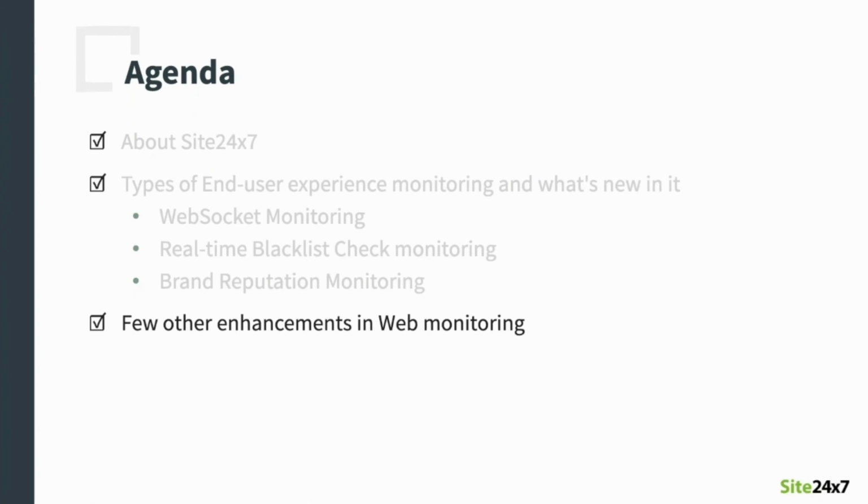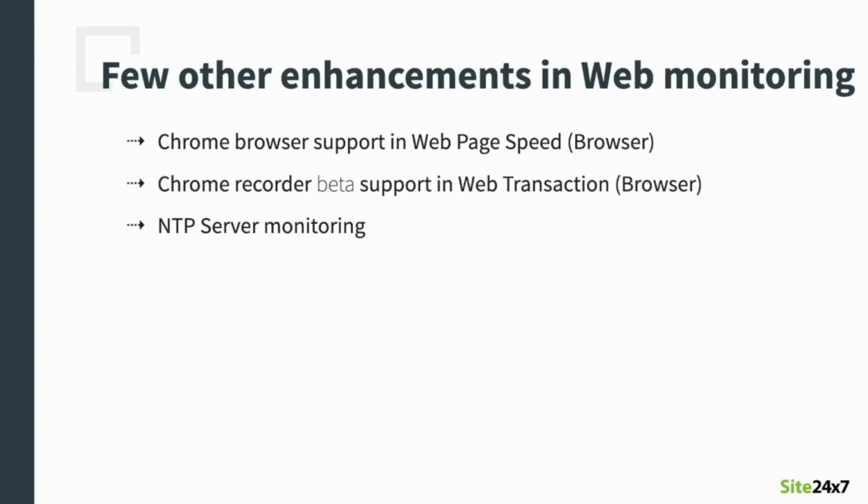So other than these three new monitors, we have also added three new features, which are two new enhancements and one new monitor, which we can see briefly. The first of this is Chrome browser support for web page speed browser monitor. So if you guys have been using Site24x7 in the past, you will be aware that we have Firefox browser support in web page speed browser.